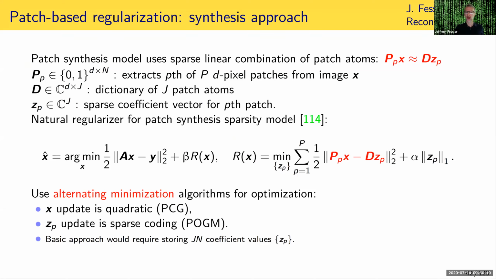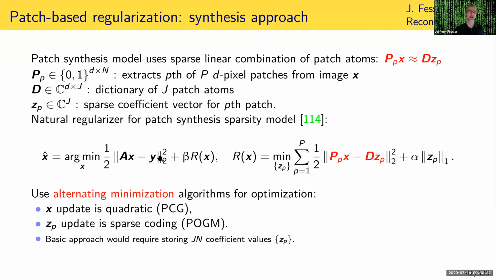Let's turn that into a mathematical regularizer, right? Again, I mentioned we have this patch extraction matrix. Let's assume somehow we've come up with a dictionary for what we think is good for sparsely representing these patches. A natural approach to image reconstruction that uses this model, this idea that the patches can be approximately represented as sparse combinations of atoms from a dictionary, is to minimize a cost function.